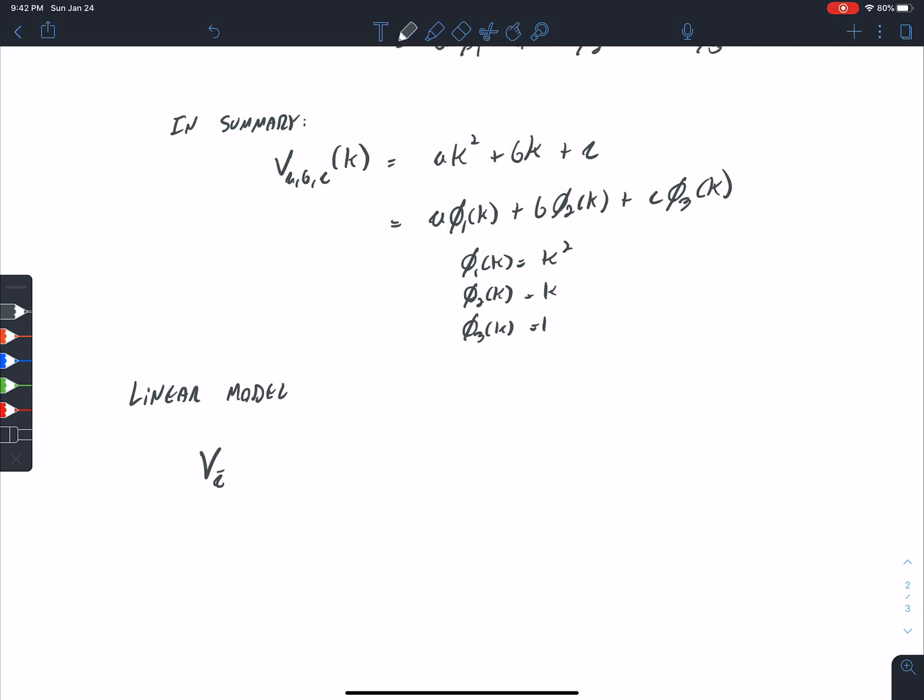I'm going to lump these parameters a, b, and c into a vector c. So the general way to write this linear model, as a function of k, will be the sum over p equals 1 through m of c_p phi_p of k.